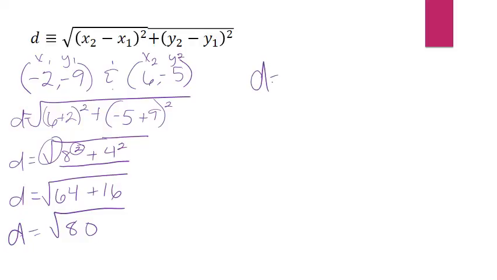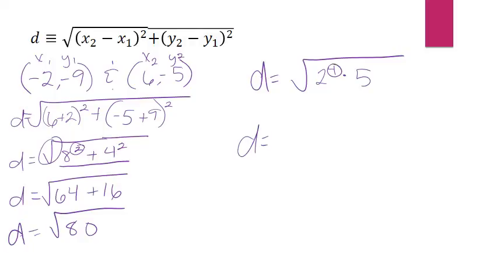The prime factorization of 80 is 2 to the 4th power times 5.